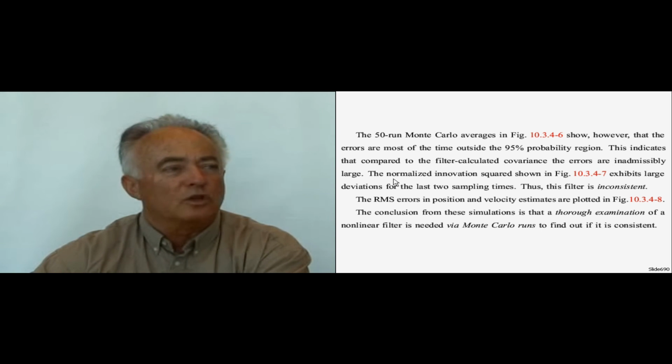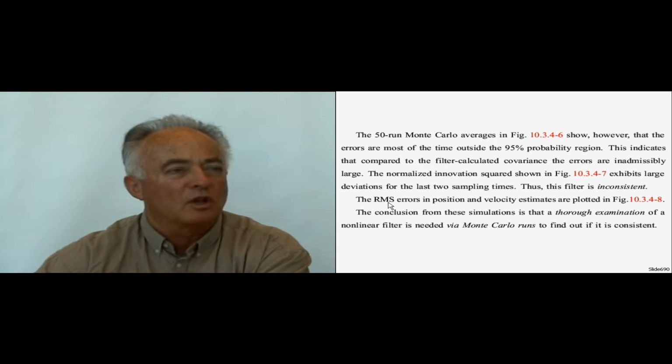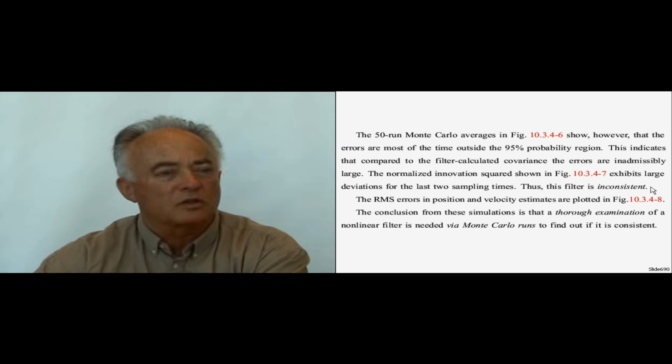And the normalized innovation shows large deviations towards the end. So we have a problem. This filter is really not consistent.